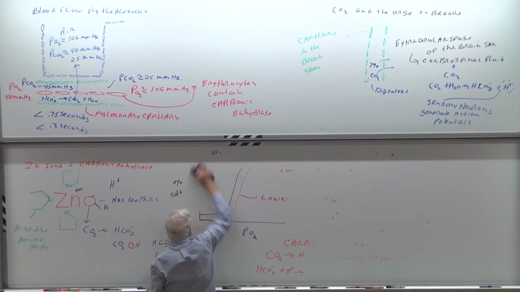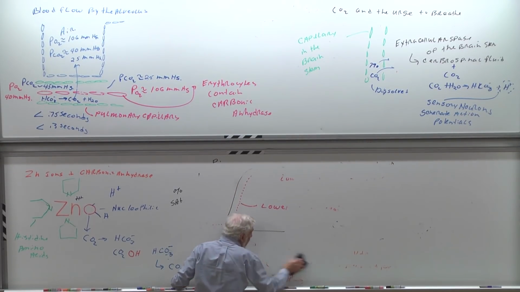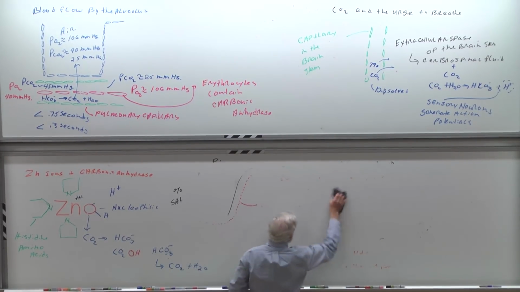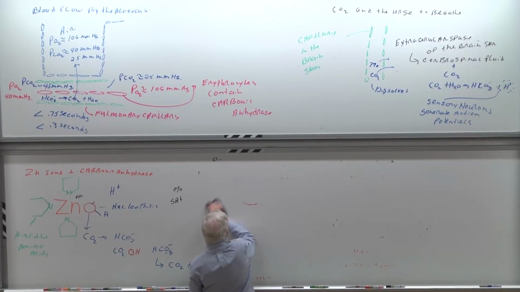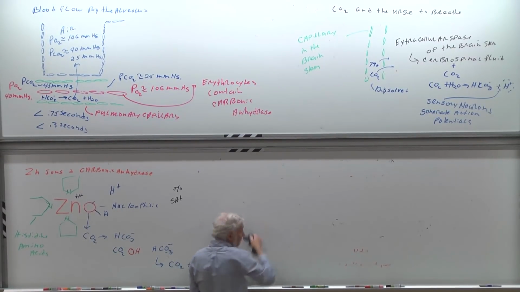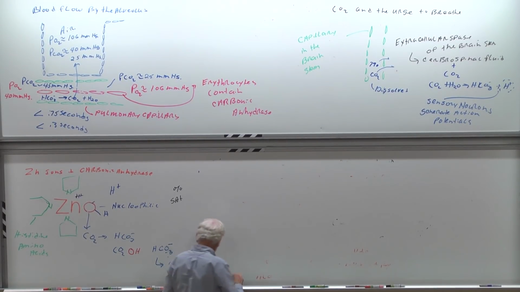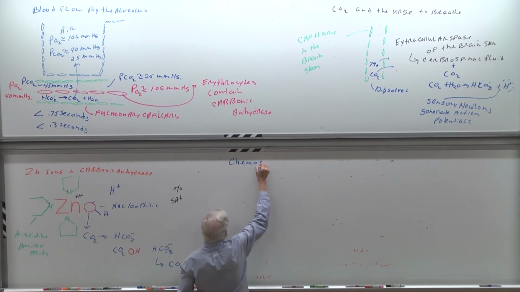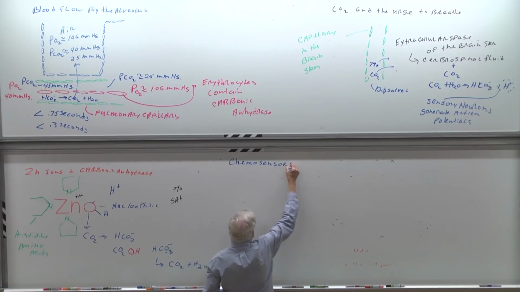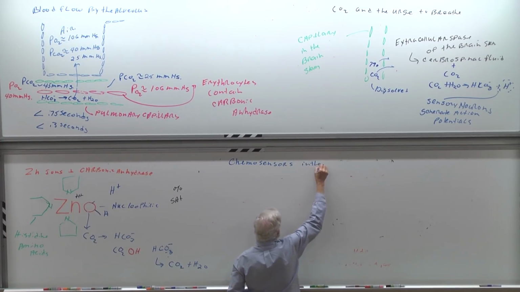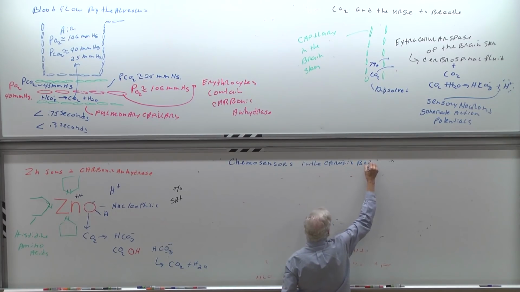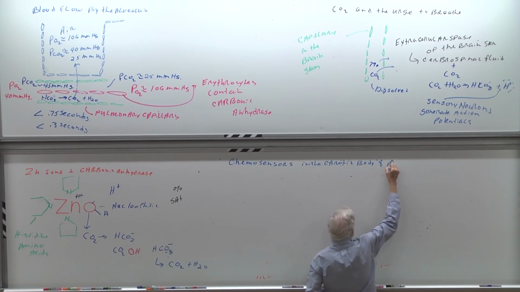So we'll take this panel and describe chemosensors in the carotid body and the aortic body.